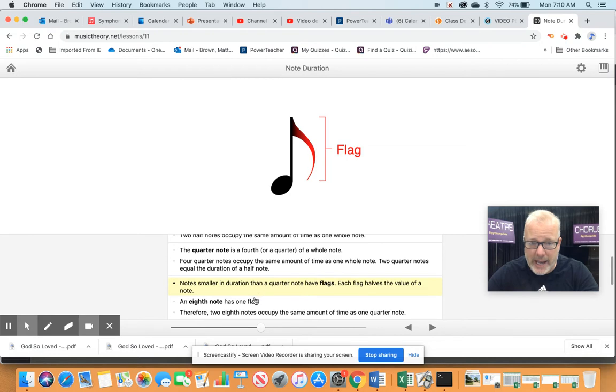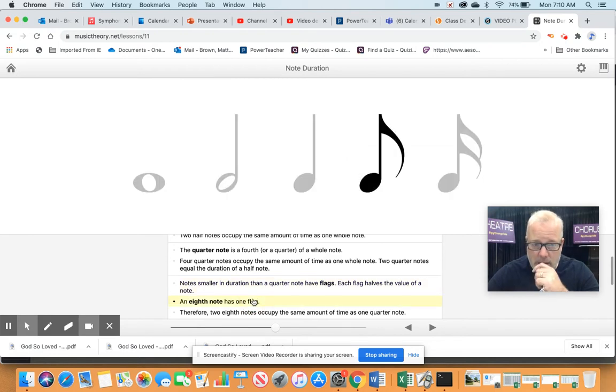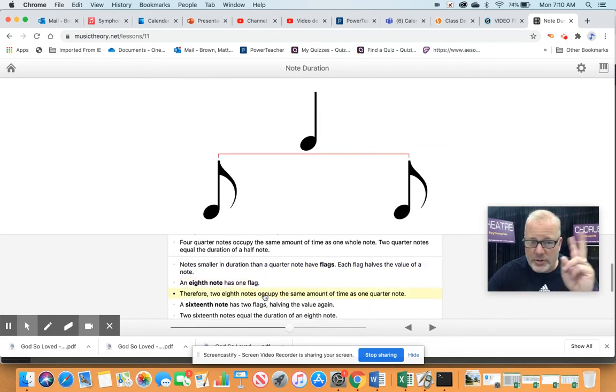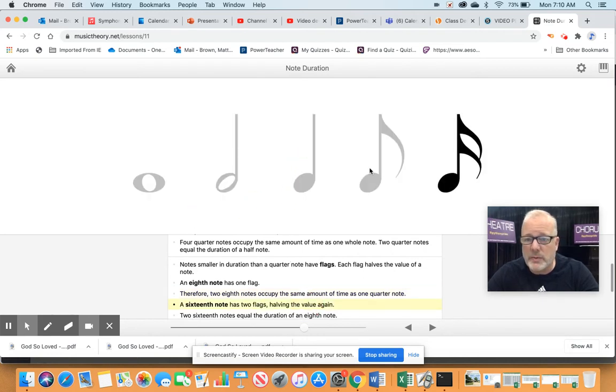So this is our 8th note that we're looking at right here. 2 eighth notes are going to occupy the same space as 1 quarter note. Okay, so you see the little picture here that gives you a visual of that. 2 eighth notes are going to equal 1 quarter note. Now, the difference between an eighth note with 1 flag compared to a 16th note with 2 flags.